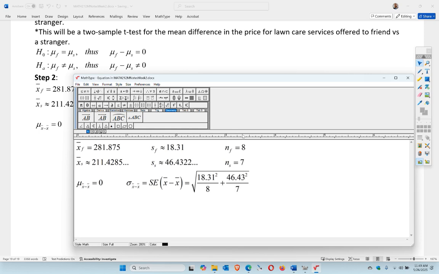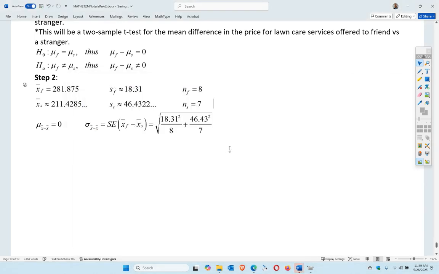Okay. So if we want to do the subscript to be what? Friend and stranger, I think. Hopefully I got that in the right order. Sub friend, 18.31's friend. Yeah, that makes sense. Friend, that's stranger. Okay. All right.